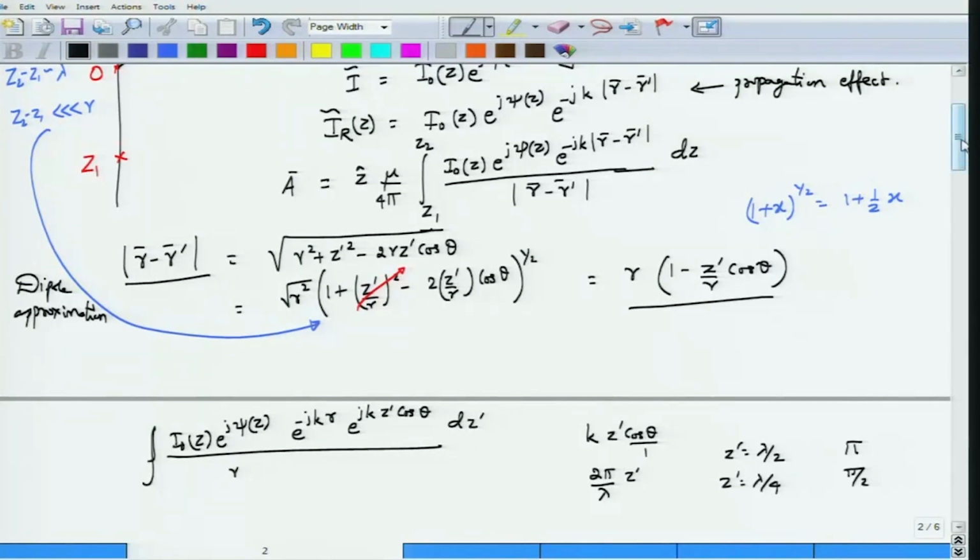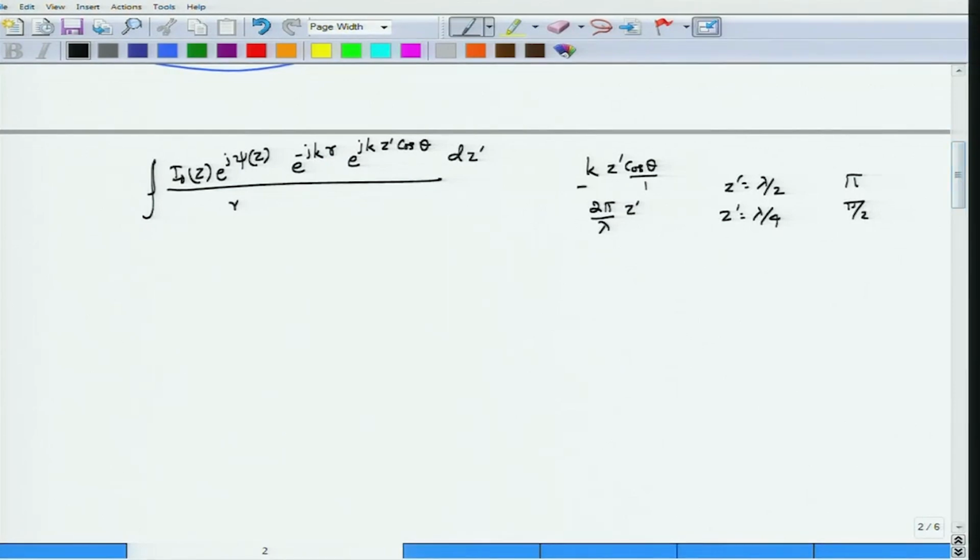So, in other words, this phase factor k z prime cos theta in the numerator is a rapidly varying quantity with respect to z prime. So, I cannot make this approximation; I cannot take z prime cos theta equal to 0.